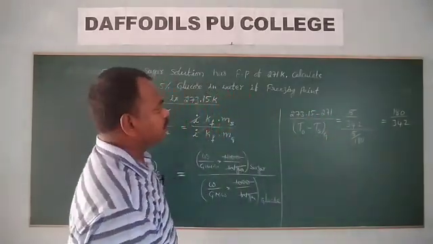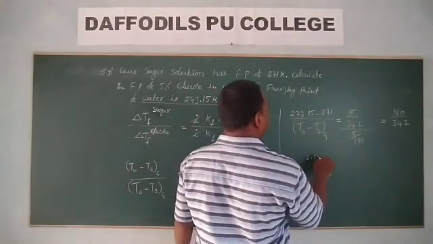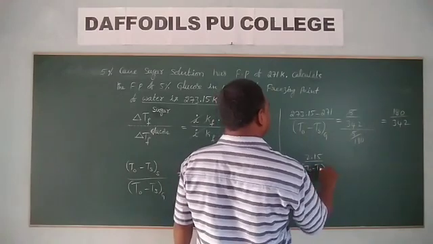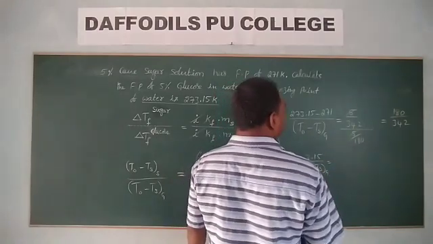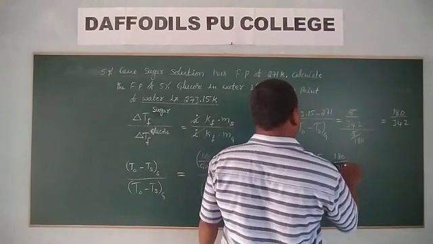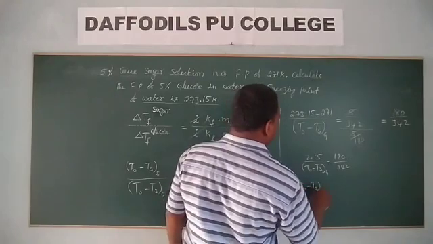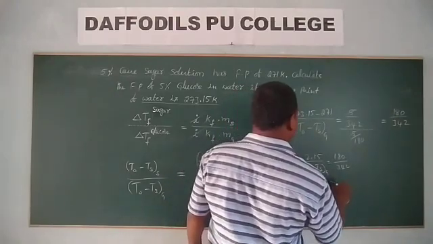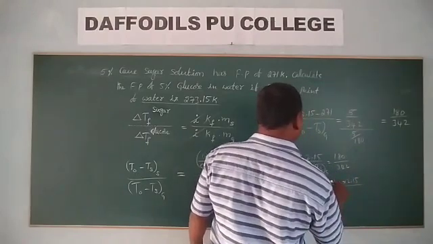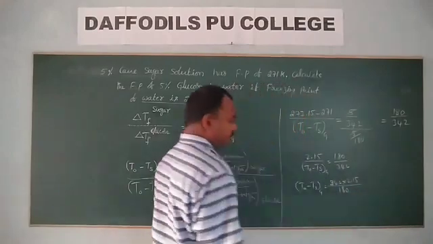How much is this one? It is 2.15. So 2.15 by T naught minus Ts of glucose is equal to 180 by 342. So T naught minus Ts of glucose is equal to 342 into 2.15 by 180.